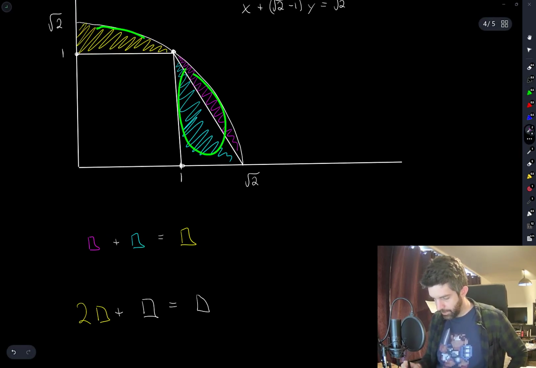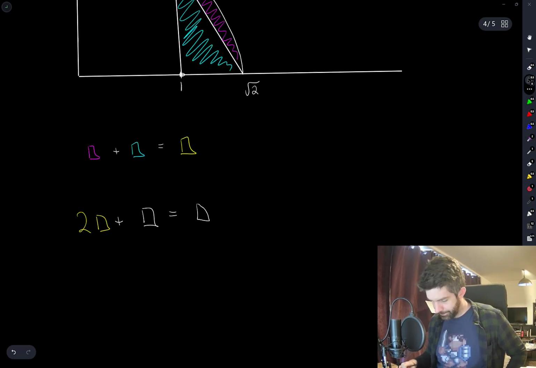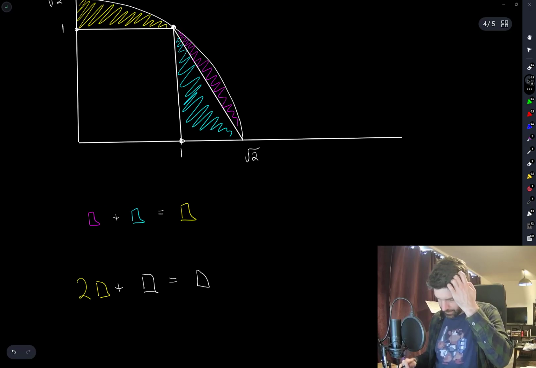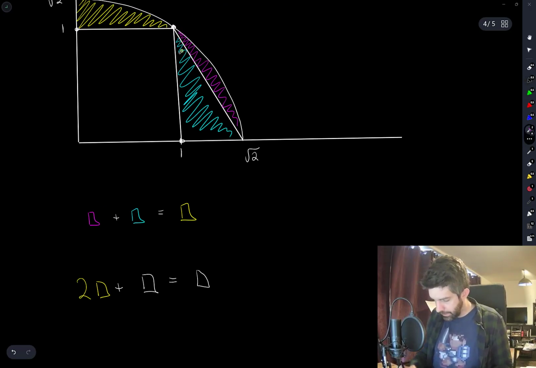That region plus this square is equal to the quarter circle. And we can, of course, also easily find the area of that triangle.